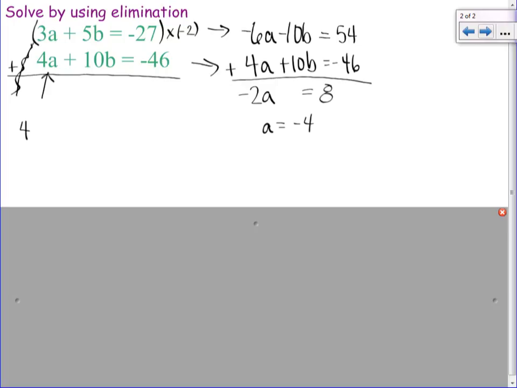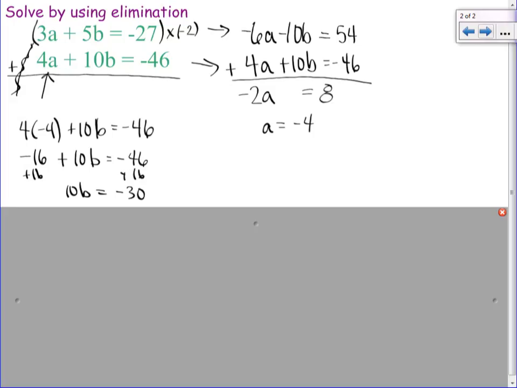So we've got 4, put our -4 there, 10b, -46. So we've got, we'll add that. -30.